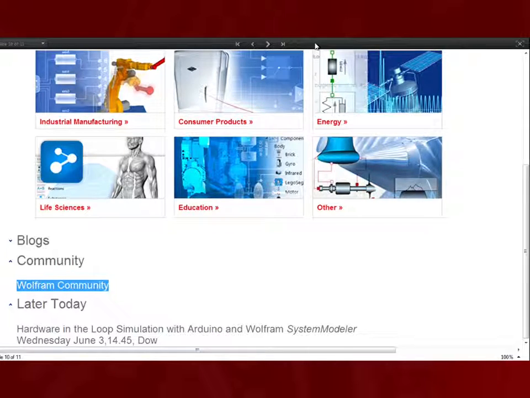So that's a very good way to get your technical questions answered while trying out the software. It might be, how do I model this? How do I model that? Do I have an idea for that? I tried this model and I can't get it to work. You publish that model, and then somebody will come out and help you. And that goes for all of Mathematica. I think it's a very good resource that more people should use in general for the Wolfram products.